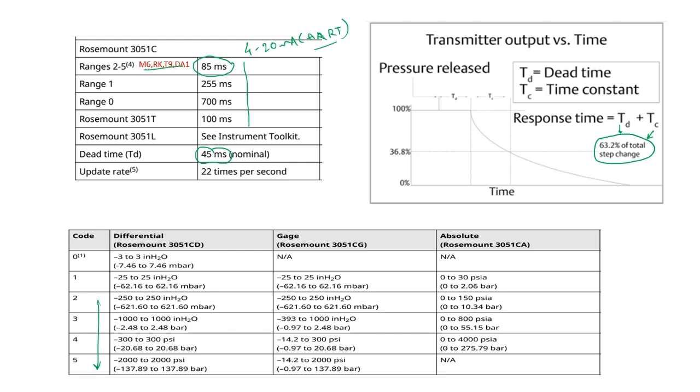So for range 2 to 5, this transmitter can be used as per API 670. Another important thing is the update rate, which is 22 times per second. And our requirement, as we have seen in our slide, is 20 times per second. So this transmitter can be easily used for this purpose.